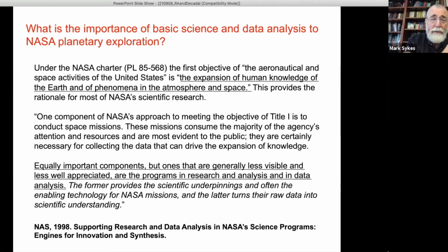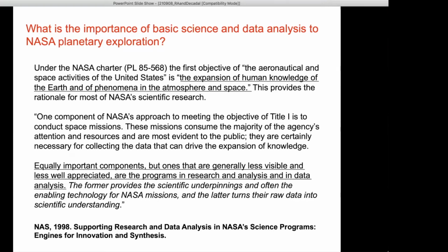And the Academy points out in this report that missions are one way this objective is met. It's certainly the high-profile thing and consumes the majority of the agency's attention and resources. But equally important components, though generally less visible and less appreciated, are the programs in research and analysis and in data analysis.